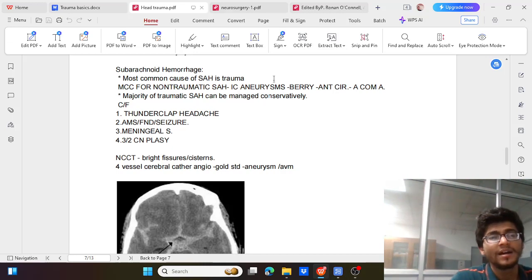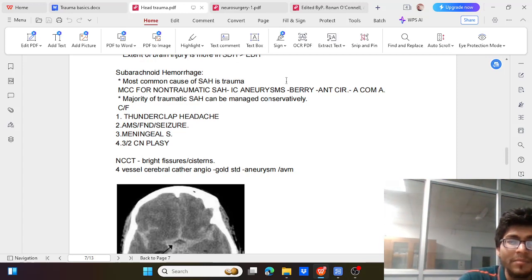So it is rupture of berry aneurysm, which is an intracranial aneurysm which forms in the circle of Willis. So where does this form? Generally it forms in the anterior circulation part, that is the anterior communicating artery.